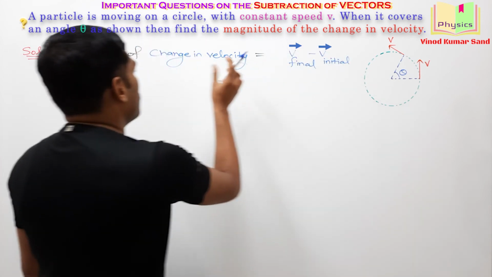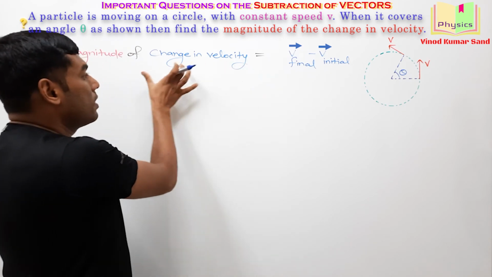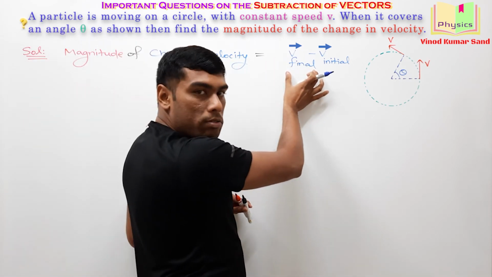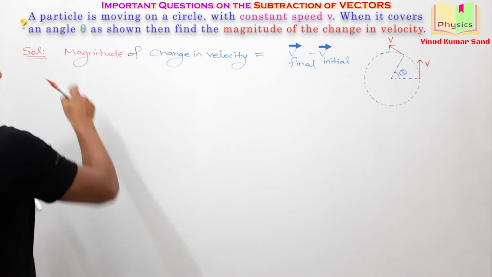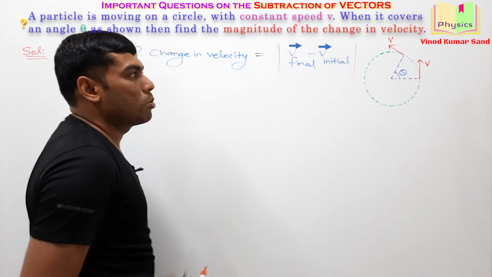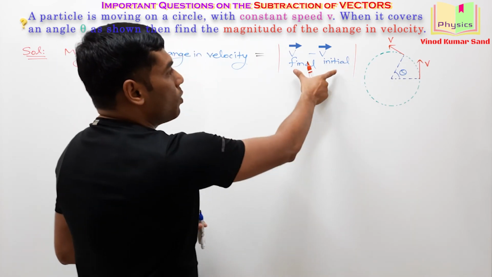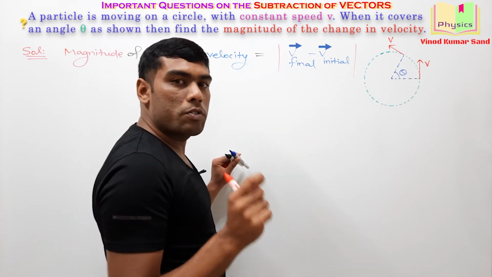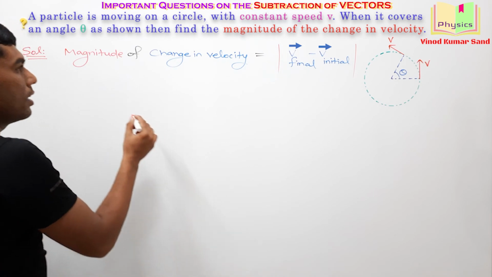In physics, whenever there is a term change in some parameter, that change will always be the final parameter minus the initial parameter. And then you need the magnitude of this. Magnitude of this means you need to put the modulus. Do you agree? Now, using the law of subtraction of two vectors, we know how to simplify this.